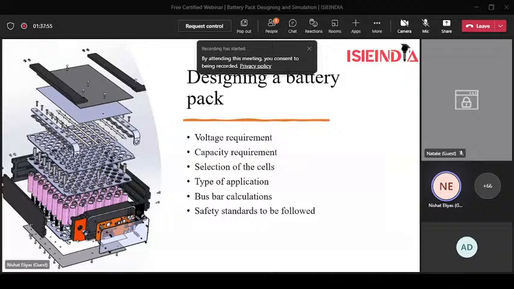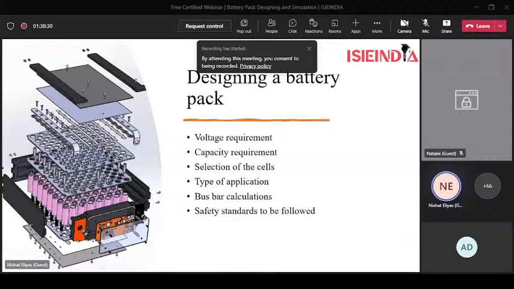This is the capacity requirement. Then the selection of the cells, like which chemistry, whether we will go for LTO or LCO or NMC cells, based on their performance and our requirement, the type of application, like a vehicle for cruising or for simple commutation, or heavy duty, or industrial applications.